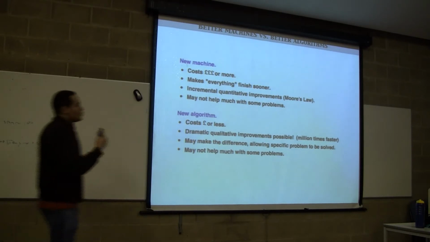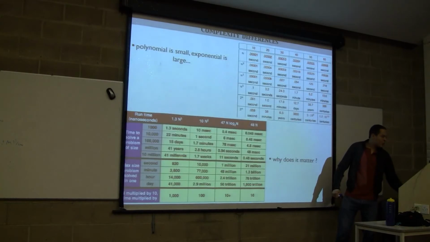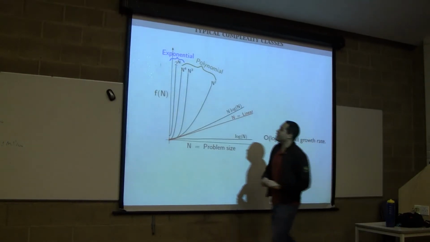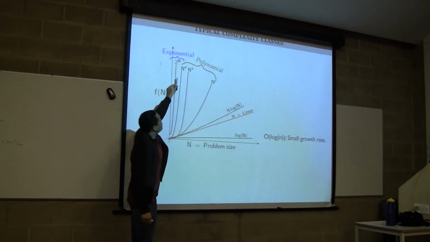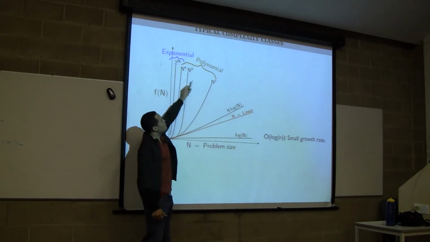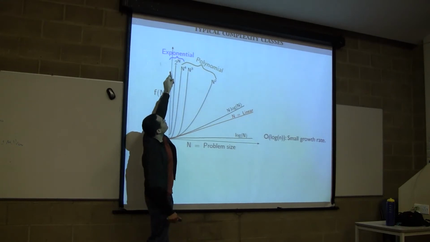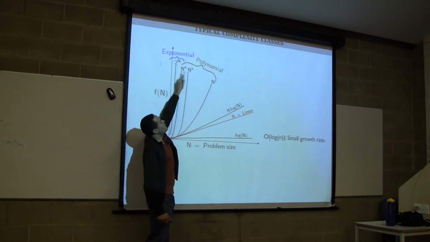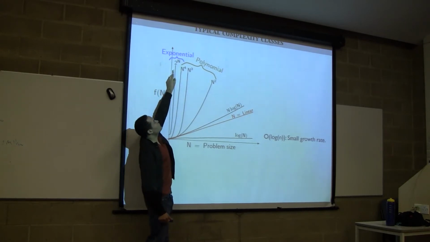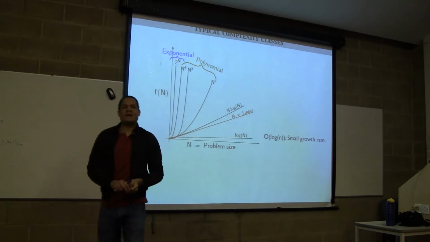Yes, you could reduce the coefficient of the polynomial time algorithms. You might have very high coefficient algorithms, but with a new machine you can bring them down to another order. But if you stay in exponential, you stay within exponential. And if you stay within polynomial, you stay within polynomial. That's really the sad news.